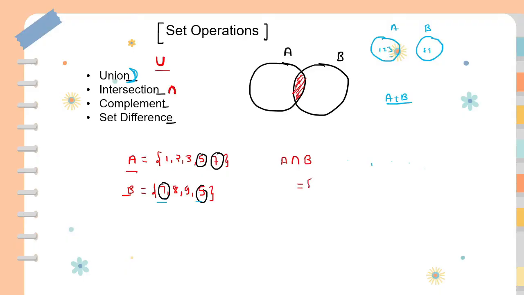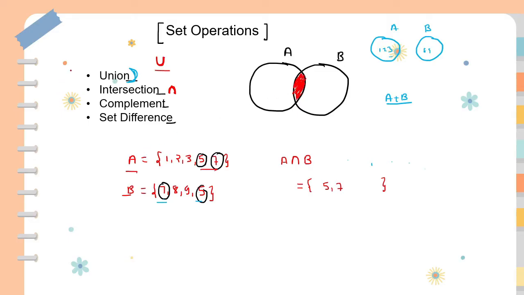We will find those common elements which are present in both A and B. Here only 5 and 7 are present, so A intersection B will be equal to 5 and 7. So this part will be the intersection.